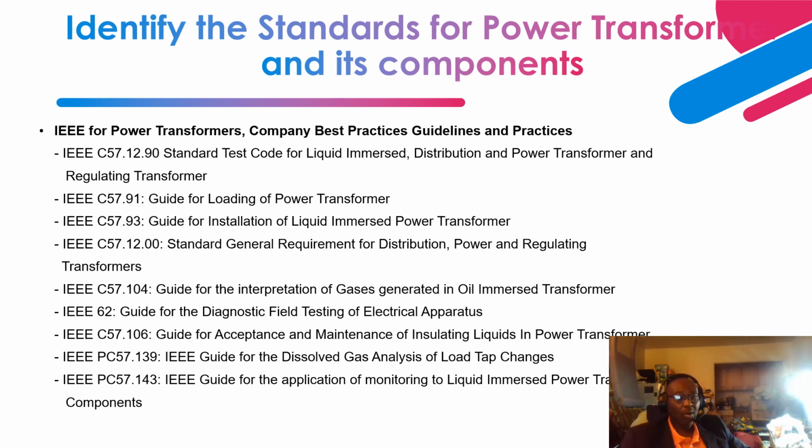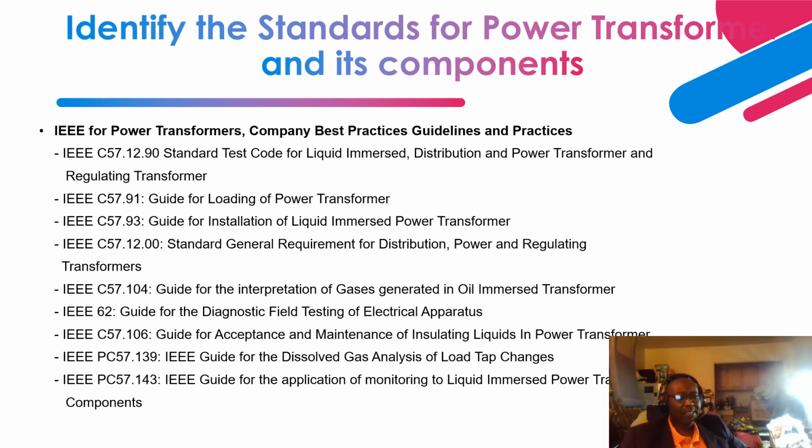If you overload it beyond the required duration, that is when hotspots and gassing can be created, and that can lead to deterioration of the paper insulation and also reduction in the operation of the power transformer.